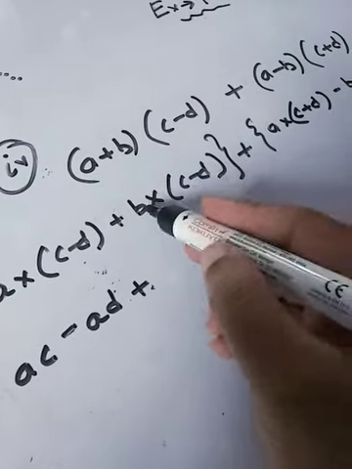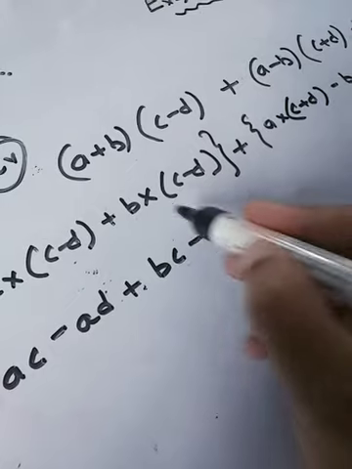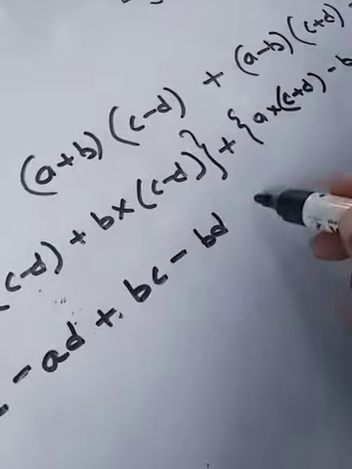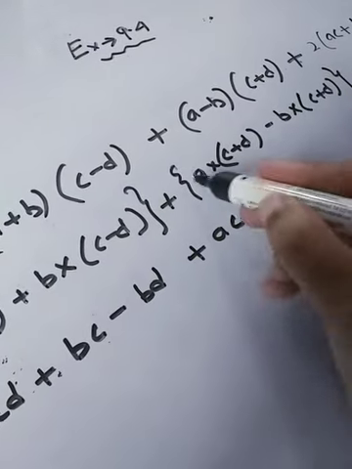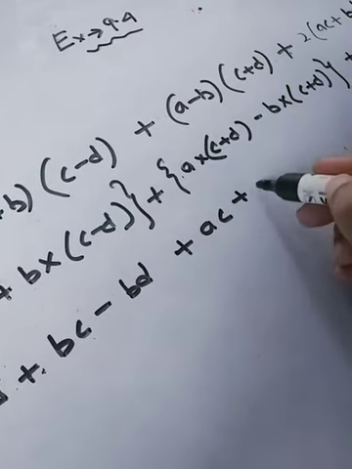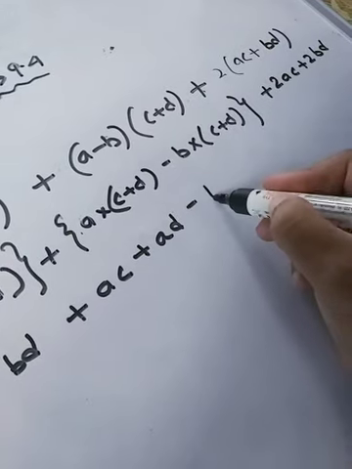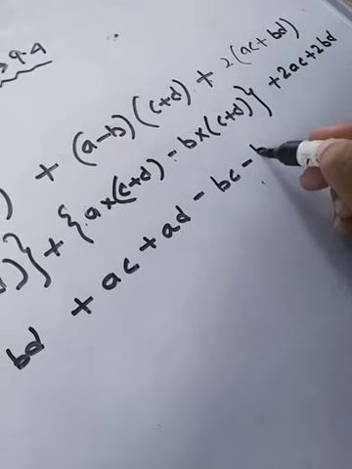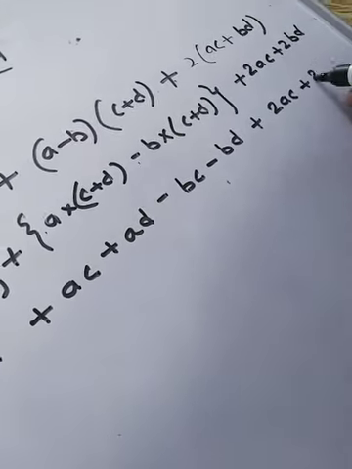B into C is BC, plus minus B into D, BD. Okay, this part is done. Now we'll finish up this one. A into C, AC. Here is no sign, means plus sign, plus is plus. A into D, AD. Now this one, B into C, BC, minus B into D, BD, plus 2AC plus 2BD.